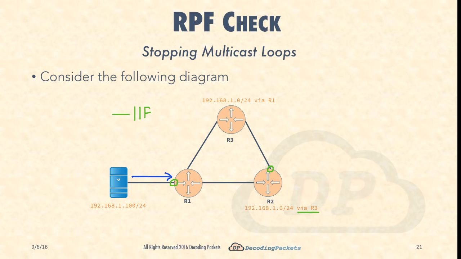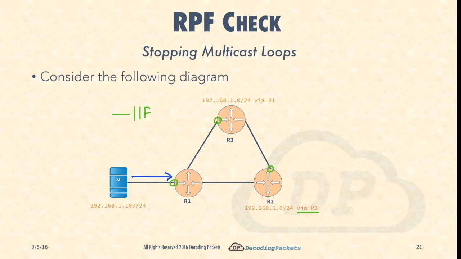Moving on to R3, there is a similar route, but this time it points towards R1. So the R1-R2 and R1-R3 interfaces now also become the IIF. Thinking back to the RPF check as we discussed it, if the packet does not arrive on the IIF, it will simply be dropped. So on R1, as it did before, it creates 2 copies of this packet.